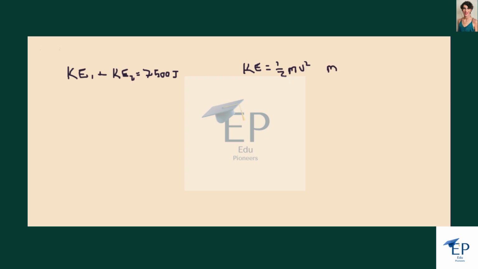It said one mass is 1.5 times the other mass. So it told us that mass 1 is 1.5 times mass 2. But it said nothing about velocity. To talk about kinetic energy, you need to know mass and velocity. But we used conservation of momentum, and we found that v1 was negative 2/3 of v2.